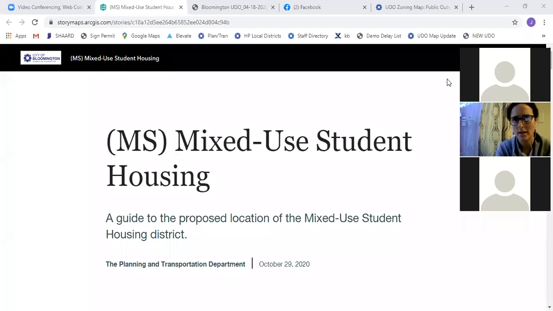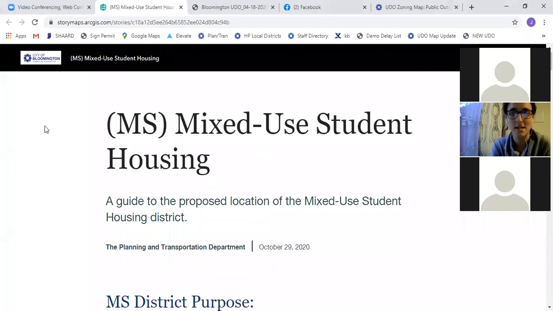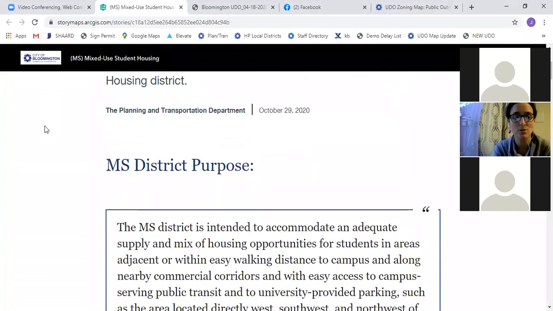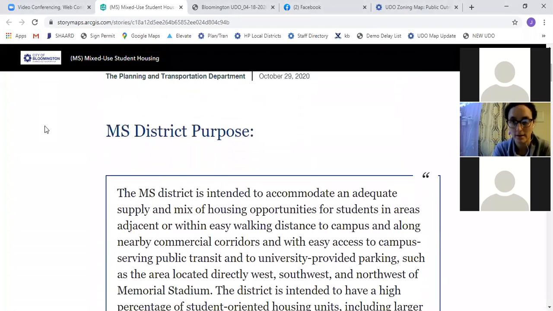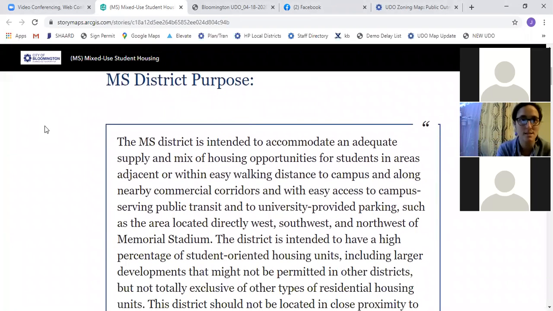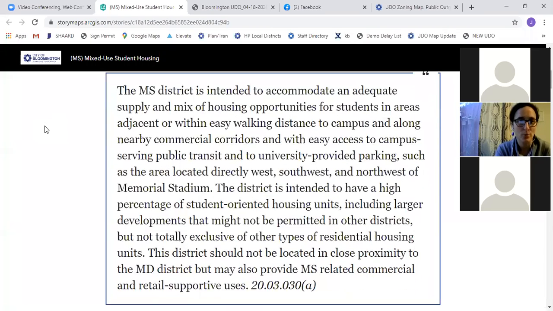So again, tonight's meeting is focused on the mixed-use student housing zoning district proposal, and what locations staff has proposed for that new zoning district. The zoning district was created in the Unified Development Ordinance that was approved in April. This is the district purpose.